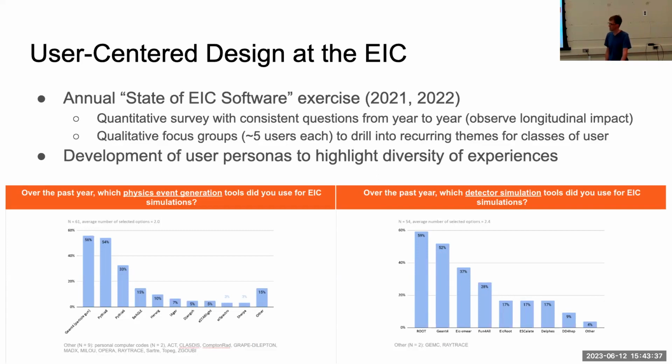They might be a single persona. They might change during the course of their career. But what it allows us to do is then go to the developers and say, well, how are we helping that group of users with what you've put into place? Because you forced everyone to do X, and this group really isn't going to like that because they hate writing software. So how are we going to help those users?